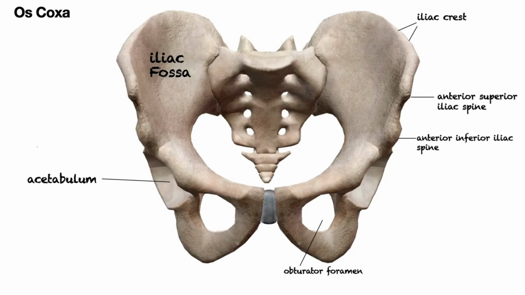Okay, let's keep moving. Let's break this bone. Two os coxa come together to form the pelvic girdle. So you have the two os coxa and the sacrum, and those form the pelvic girdle.